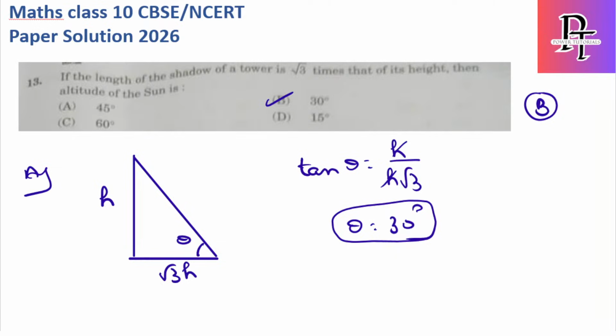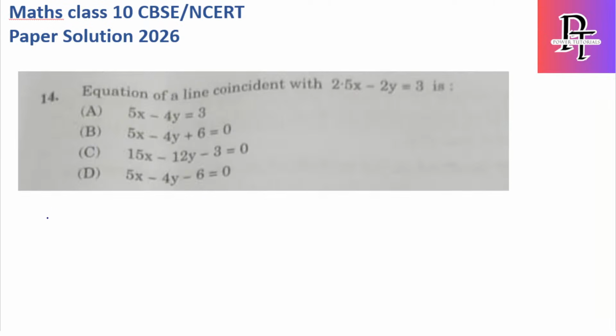Okay, let's move to 14th. Equation of a line coincident. Coincident means it should be exactly equal. That is, a1 by a2 should be equal to b1 by b2 is equal to c1 by c2. The other trick is, if you notice here we have 2.5 or 15. So simply convert this equation into these terms, then it will be easy to mark the answer. So 2.5 into 2 is 5. So just multiply the whole equation by 2.